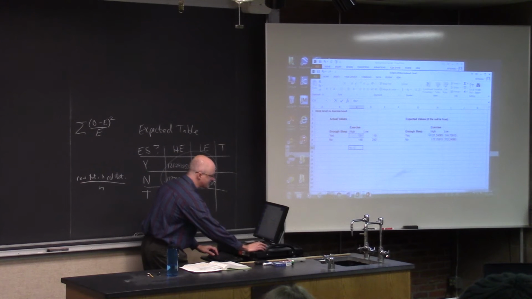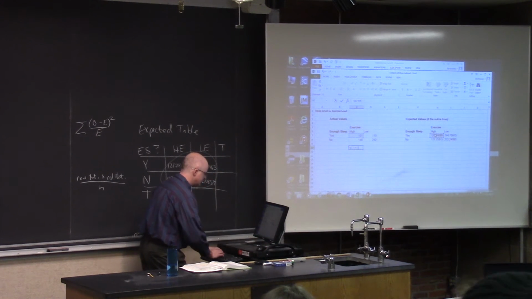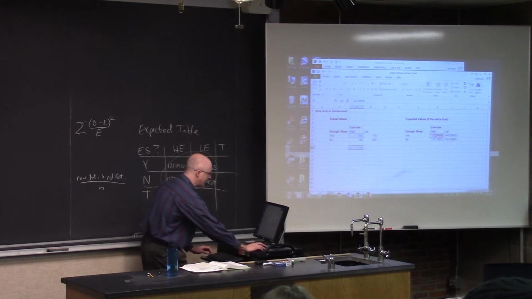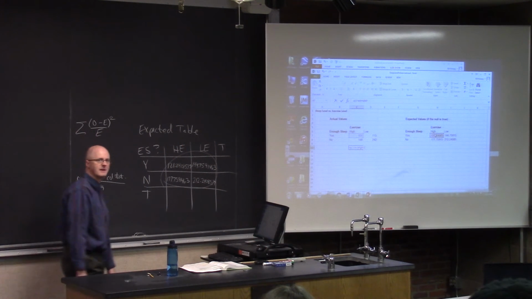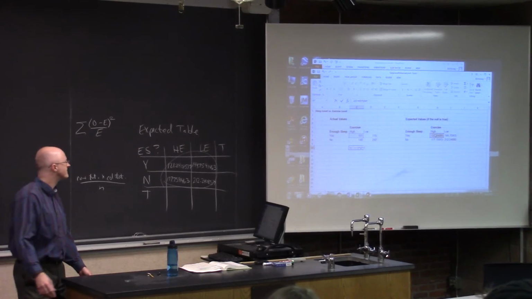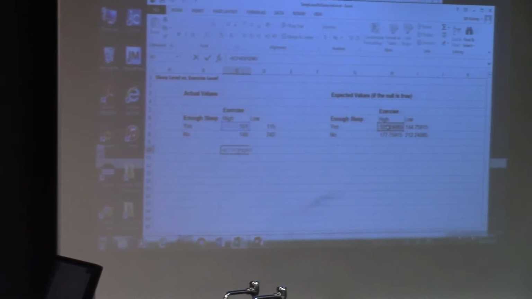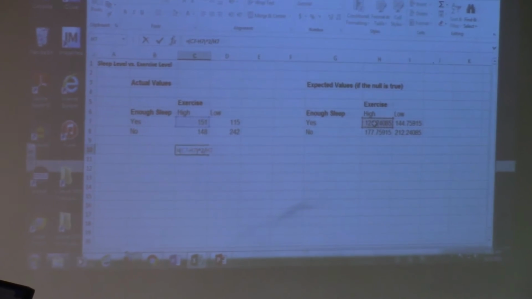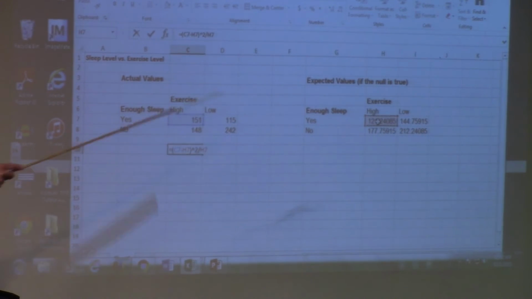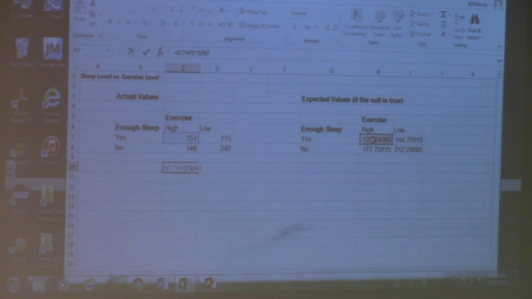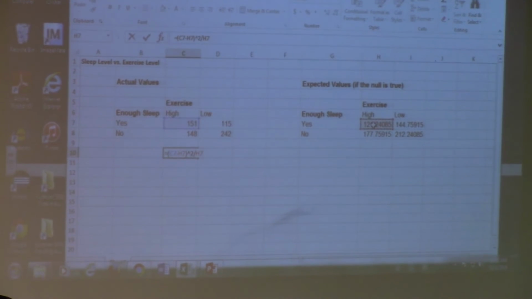Subtract the corresponding expected value over here in cell H7. Square that, and then divide by the expected value. You see that? Zoom in on that, maybe? It's kind of dim. C7 minus H7, observed value minus expected value squared divided by the expected value. That will be the first term in the chi-squared cell.